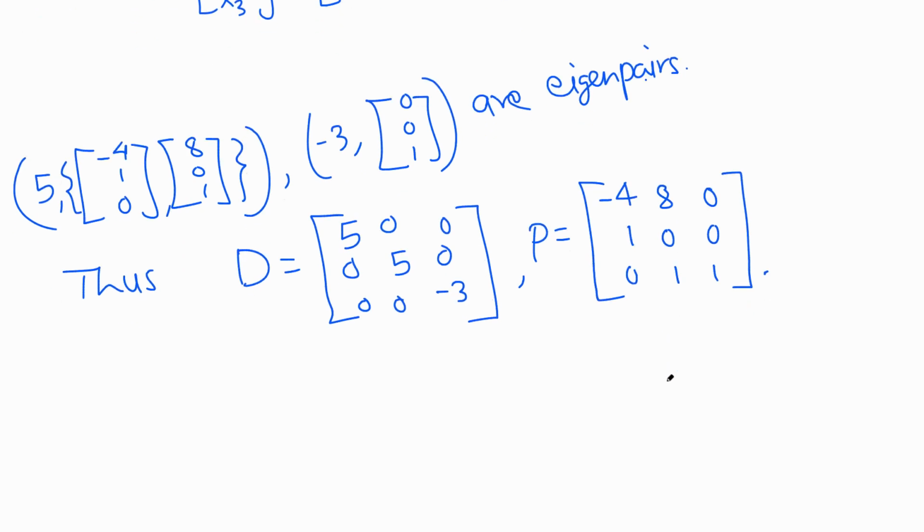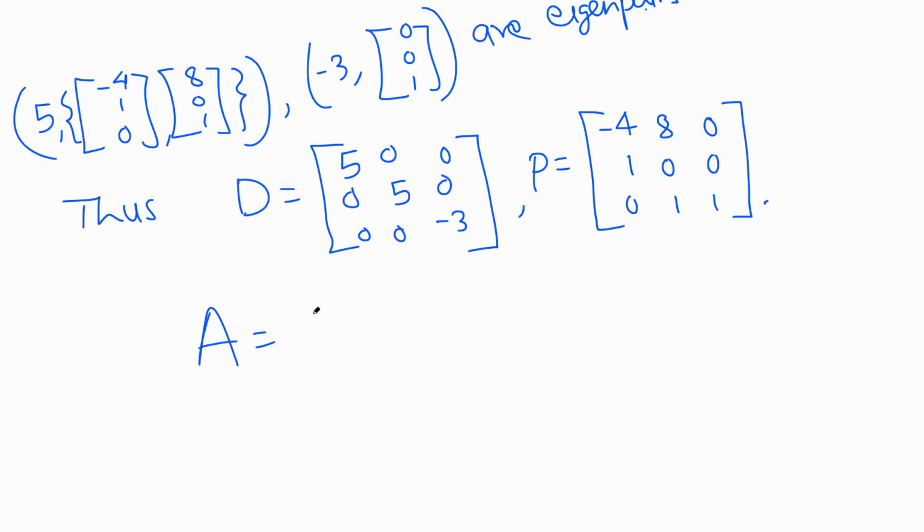So we are finding A equals P D P inverse, and P inverse is easy to find, but that's not required here. The issue here was to find D and P, the diagonal matrix and the invertible matrix P, such that A is this. Or you can just find D and P and leave.